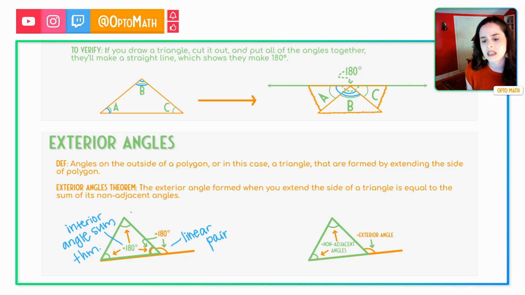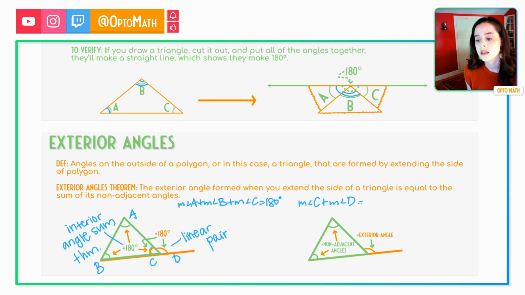So let's just pretend that this is A, B, C, and D. So we could say the measure of angle A plus the measure of angle B plus the measure of angle C is 180 degrees, right? Interior angle sum. We can also say this. The measure of angle C plus the measure of angle D is 180 degrees. Now let's say we want to subtract the measure of angle C from both of these.